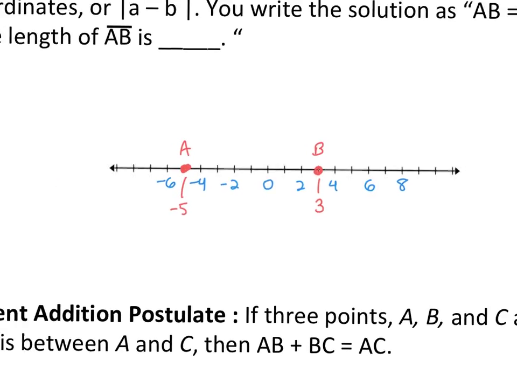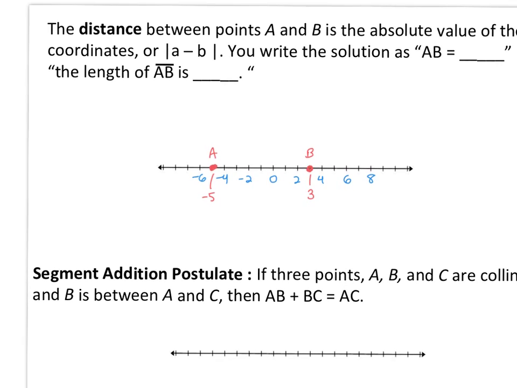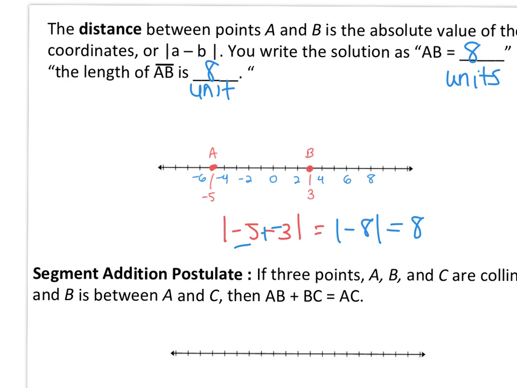So the distance between them, you can count on the number line, or you can just do the absolute value of -5 minus 3. Well, -5 minus 3, if we do keep change, that's going to give me a -8, and the absolute value of -8 is +8. So you can write it as AB equals 8 units, or you can write the length of AB, so it's a little bit longer, is 8 units. Make sure you always label with your unit of measure.